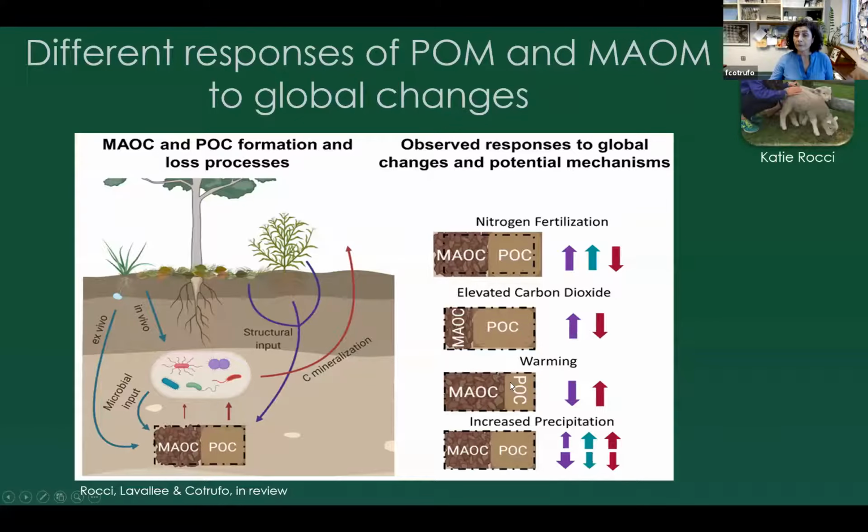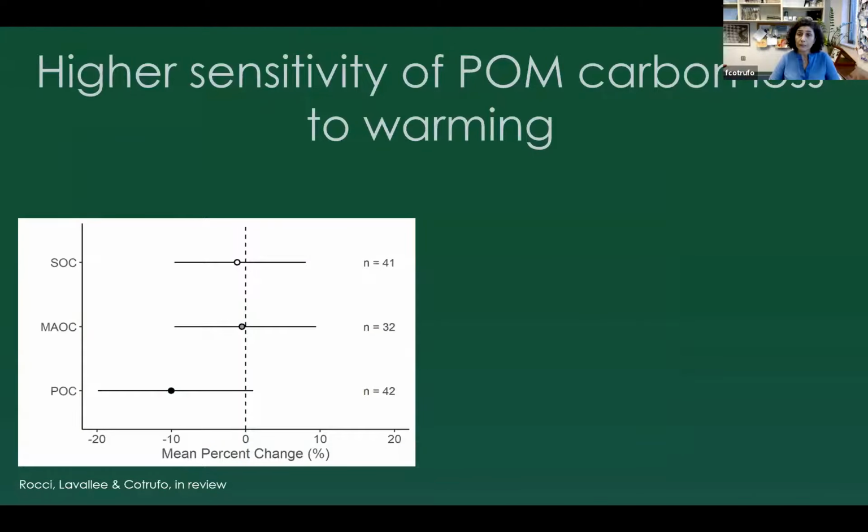The same is true for warming, whereas nitrogen fertilization doesn't change the distribution, but increases the size. We have an interesting hypothesis for how these different drivers can independently affect the POM and the MAOM to produce those responses. And what I most like to stress is the response to warming, which is now very much on our heads.